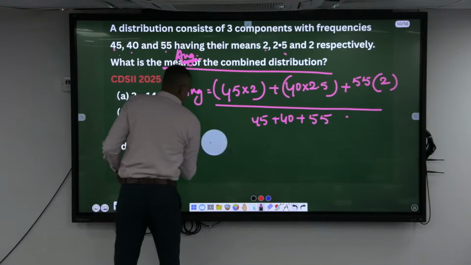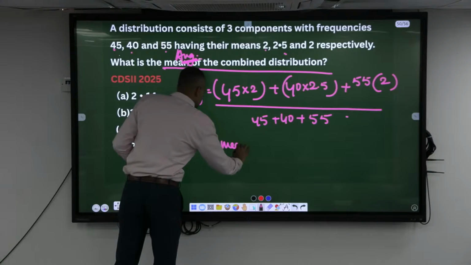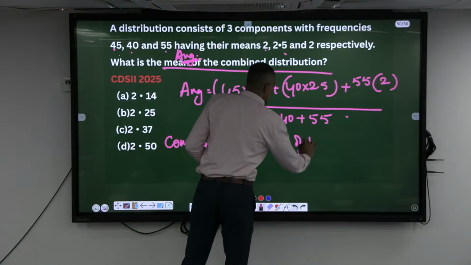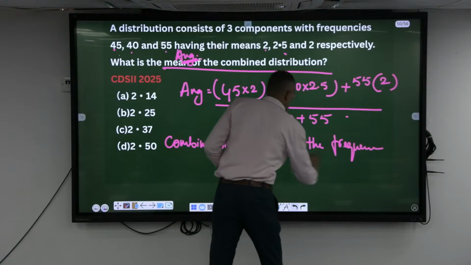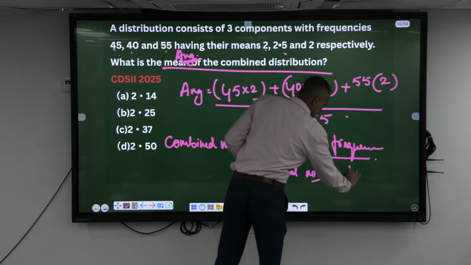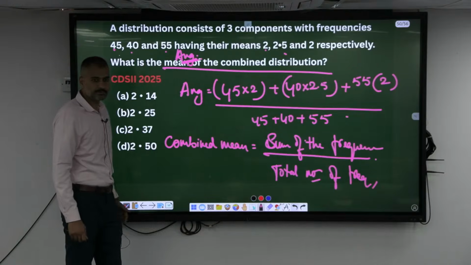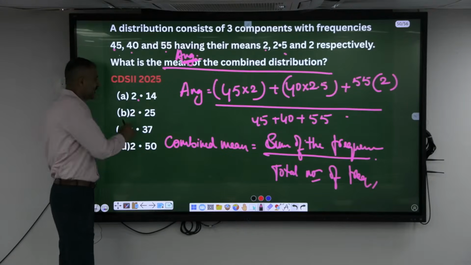Can write this one as combined mean is equal to, how much? 2.14. Are we getting 2.14? Okay.